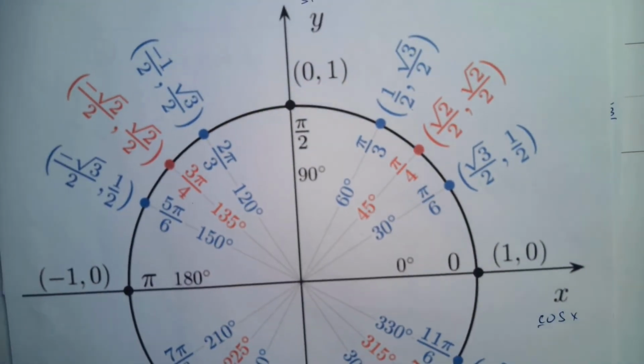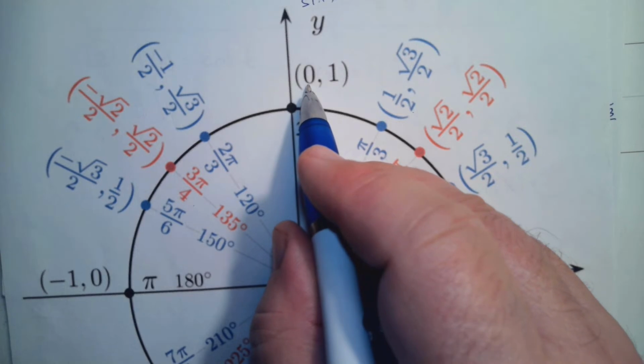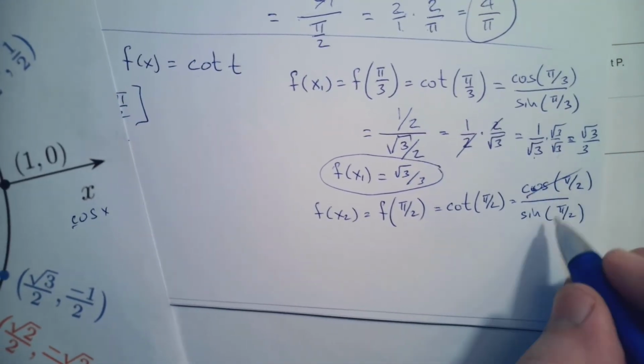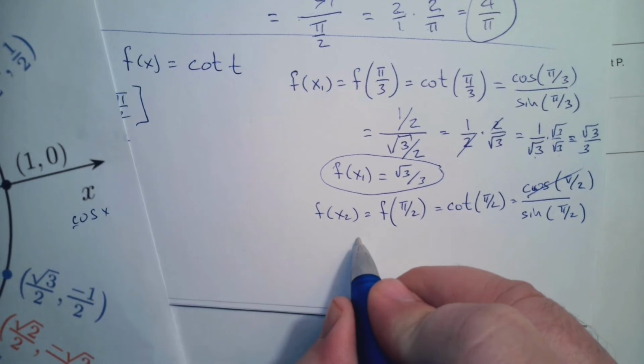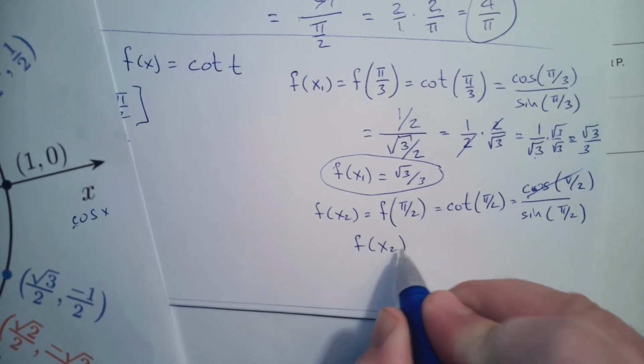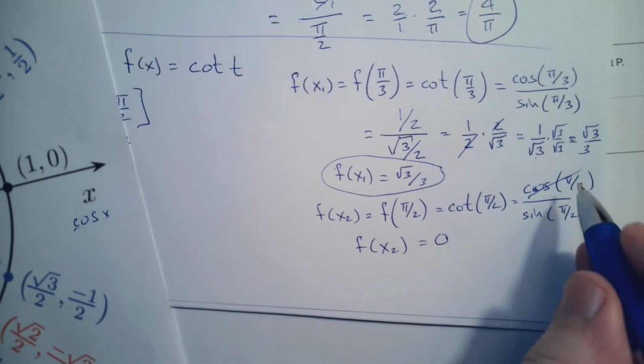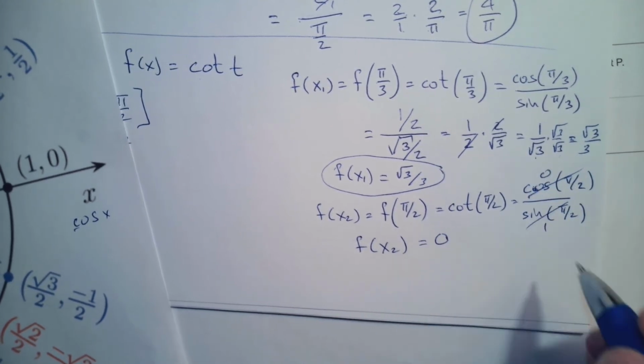Remember, pi over 2 is 90 degrees. The cosine is 0. The sine is 1. So f of x2 is 0 over 1, which is 0. So that becomes 0. That becomes 1.